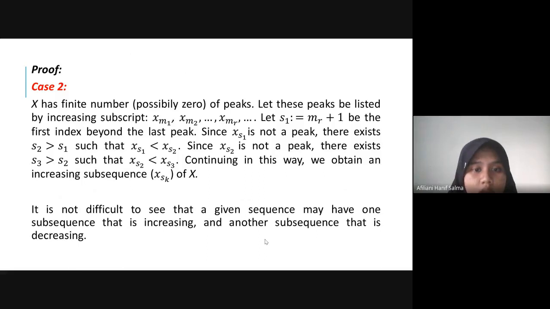Since xs1 is not a peak, there exists s2 greater than s1 such that xs1 is less than xs2. Since xs2 is not a peak, there exists s3 greater than s2 such that xs2 is less than xs3. Continuing in this way, we obtain an increasing subsequence (xsk) of X.